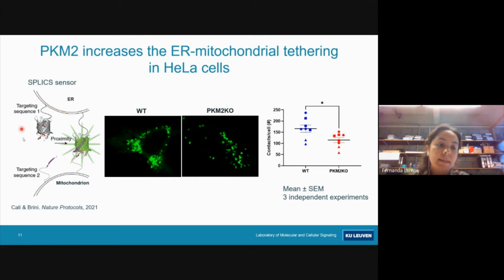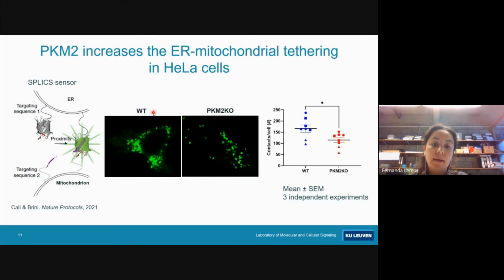This is a plasmid where one part of the GFP protein is tagged to one compartment, for example here the ER, and another part of GFP is tagged to mitochondria. So when these two compartments are close enough, it can change the conformation of the GFP protein in order to promote the fluorescence.